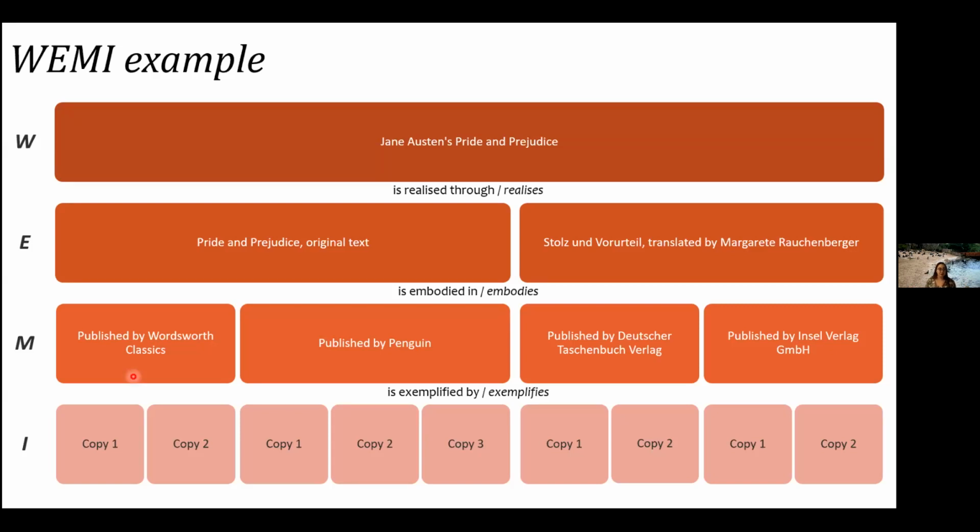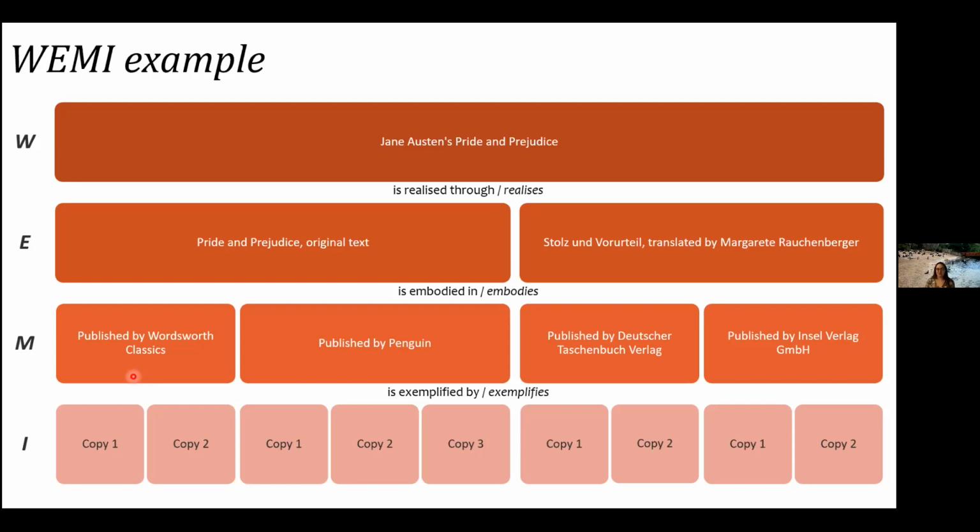In turn, those expressions are embodied in manifestations. So the version published by Wordsworth Classics of the original text of Jane Austen's Pride and Prejudice is one manifestation. The version published by Penguin is another manifestation. They're both manifestations embodying the expression of Pride and Prejudice, the original text, which in turn is realising Jane Austen's Pride and Prejudice.